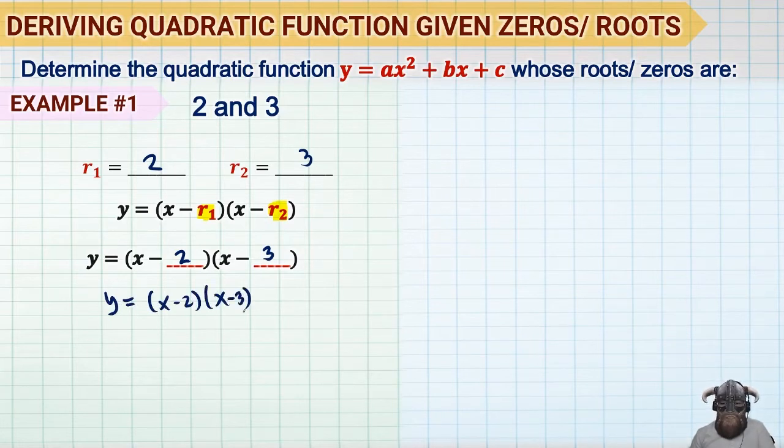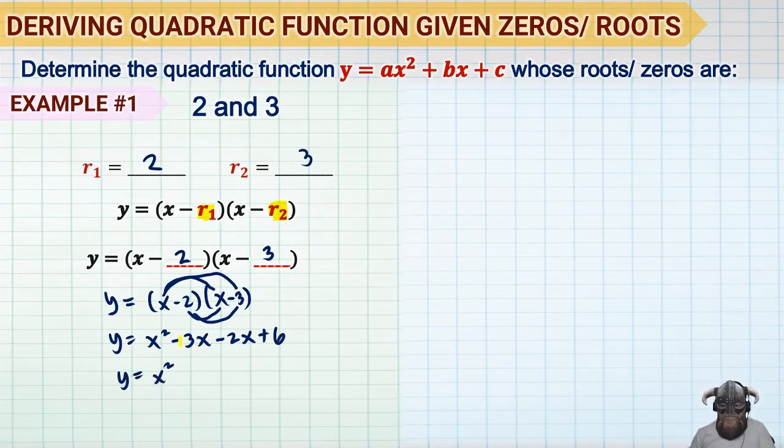We will just use FOIL to solve this. So, let's just copy y. Therefore, we'll be having x times x, so we have x squared, x times negative 3, so we have negative 3x, negative 2 times x, so we have negative 2x, negative 2 times negative 3, the answer there is positive 6. Our answer will be simplified first, so y is equal to x squared.